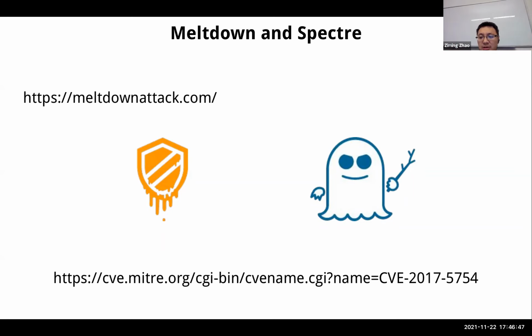So Meltdown has a CVE number associated with it, from 2018. It was disclosed at the same time as Spectre, which is another bug. They are similar, but not the same. Spectre uses another feature.